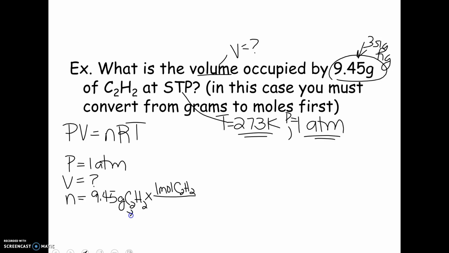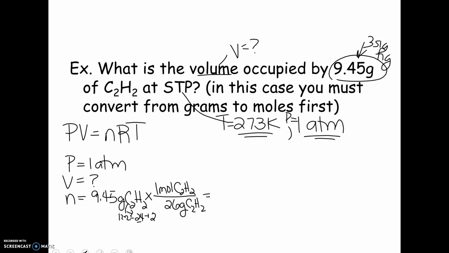You may remember that carbon weighs 12, so 2 carbons would be 24 grams. And then hydrogen weighs 1, and there's 2 of those, so add 2. So this should weigh 26 grams per mole of C2H2. We are converting from grams to moles, so this will give us N. I'll come back to that.